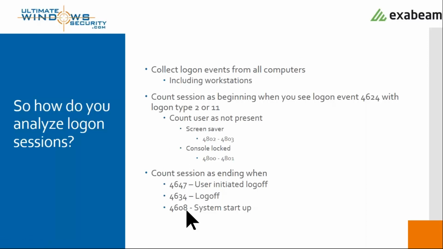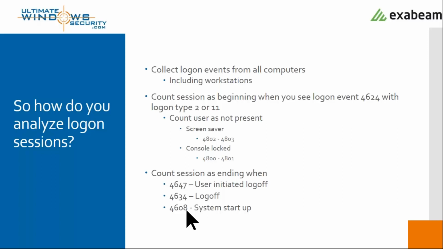Well, if we're going to do it this way, it requires that we collect logon events from all computers, including workstations. We want to count the session as beginning when you see 4624 with either logon type 2 or 11. Then count the user as not present between 4802 and 4803 if you're going by screensaver, or between 4800 and 4801 if you're going with the console being locked.